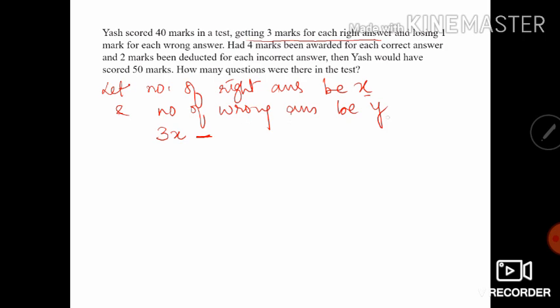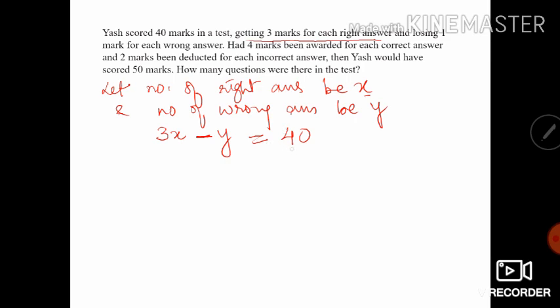These negative marks given for wrong answers are going to be subtracted from marks obtained. So 1 into y will be the total marks that he lost by answering questions wrong. So 3x minus y will be equal to 40.